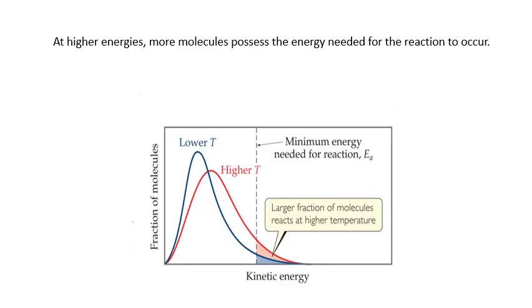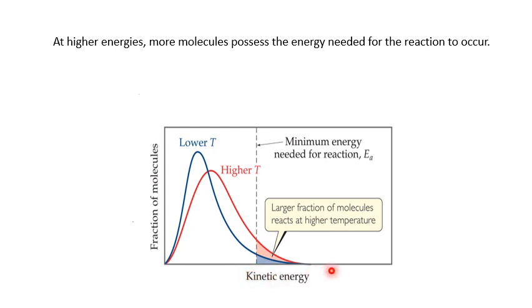Now let us see what happens when the temperature is increased. As you know, when the temperature is increased, the kinetic energy of the particles increases and the molecules speed up and collide more frequently, with more energetic collisions. Only those particles represented by the area to the right of the activation energy mark will react.